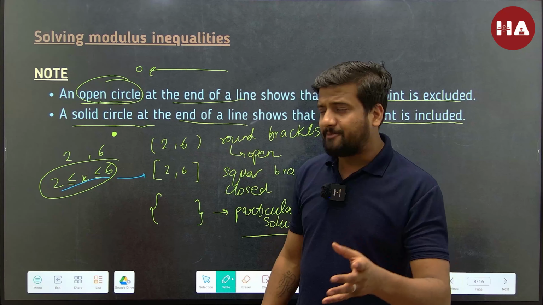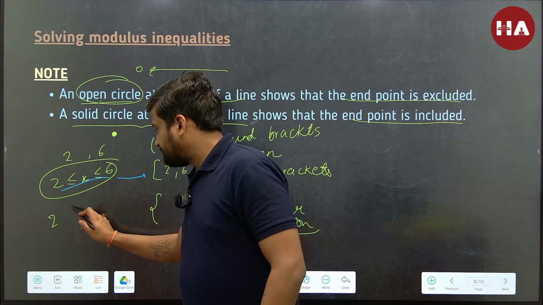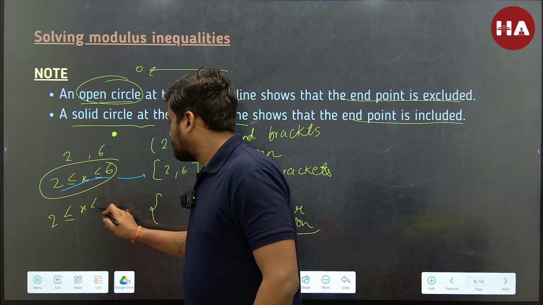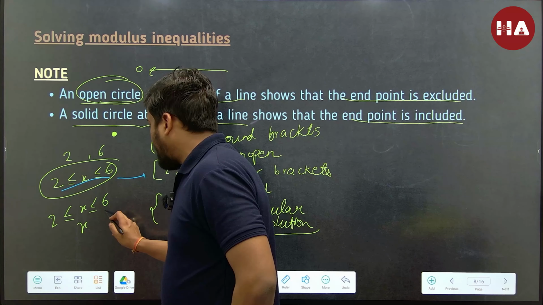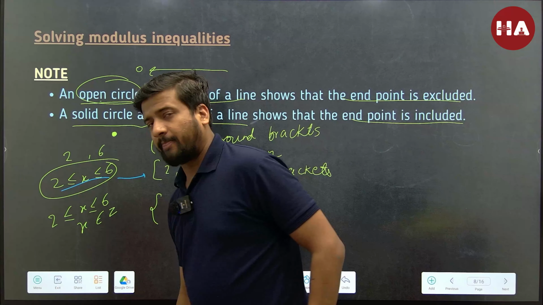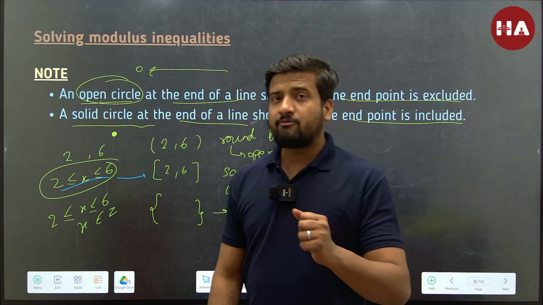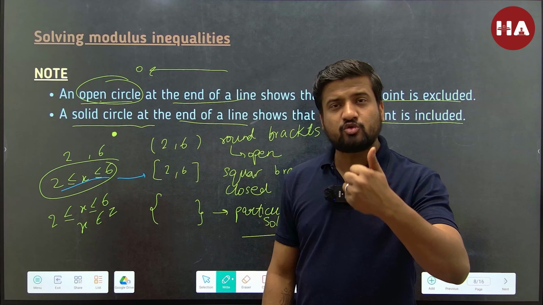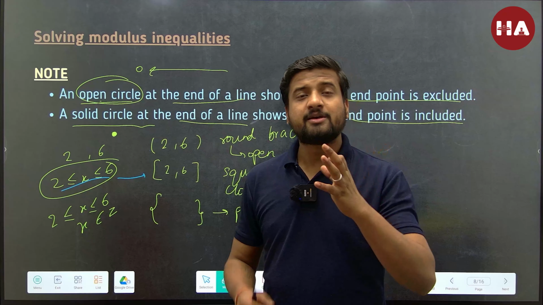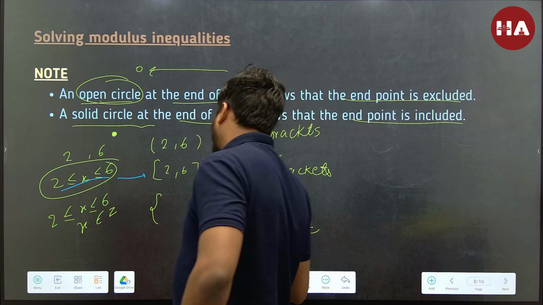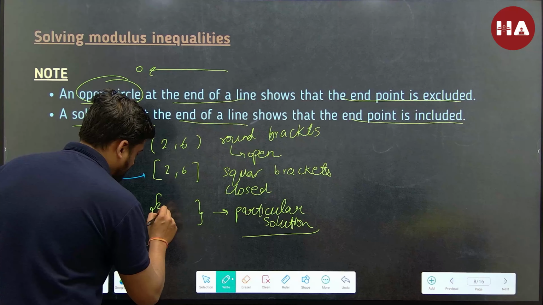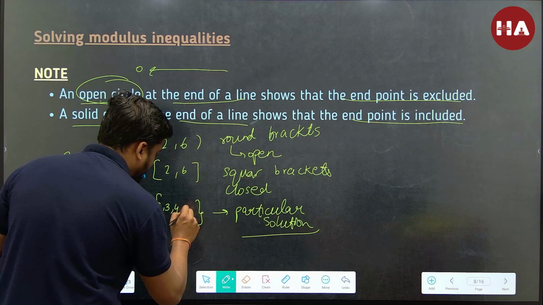But let's say my answer was this only, but the question says that the value of x is only an integer. So I can say that my answer is going to be 2, 3, 4, 5, 6, some particular values. So whenever you have to write some particular values, I'll be writing them like this: 2, 3, 4, 5, 6.